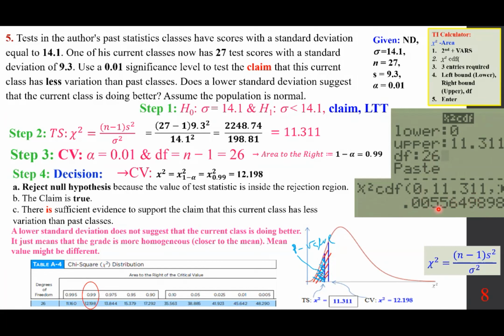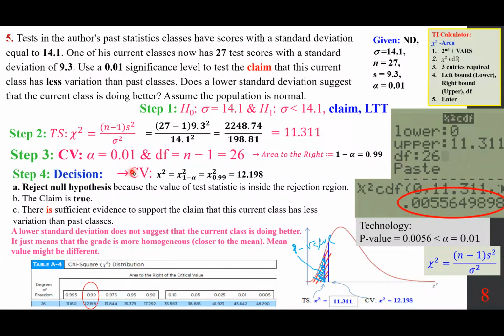So take a look at what we wrote. Therefore, your p-value is 0.0055649898. That's your p-value. If we do the rounding here, this one changes to 6. It is clearly less than alpha of 0.01, and therefore, because it's less than alpha, reject the null hypothesis.